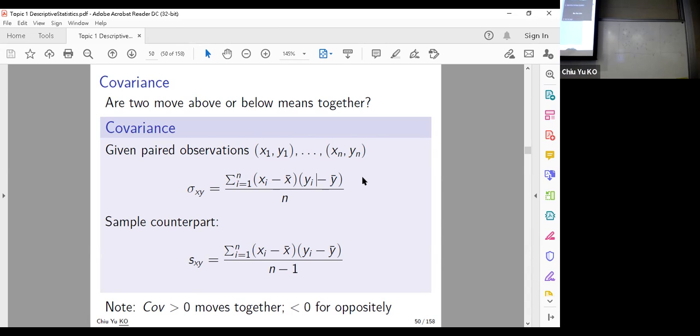Because if one moves up, the other goes down, and if you combine them in the same portfolio, then the portfolio return will not fluctuate that much, because most people hate risk. We like some certainty. So when you combine different investments with negative correlation, that's a good thing. That's why we care about those.